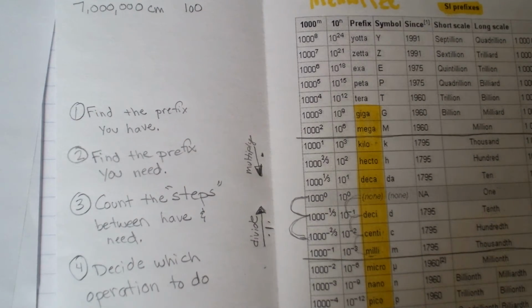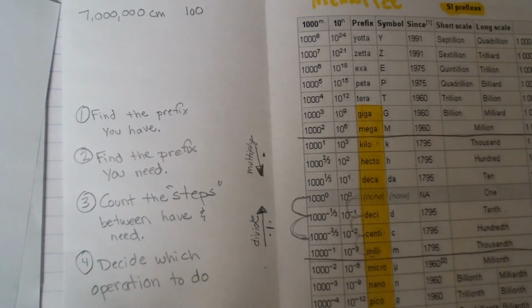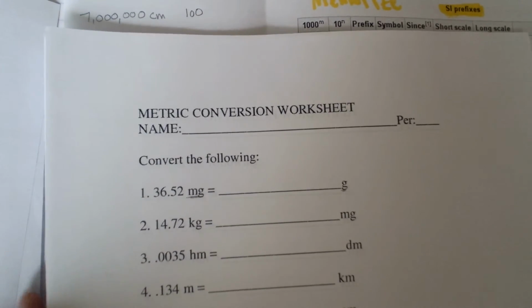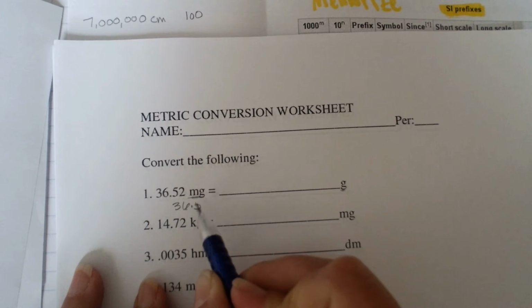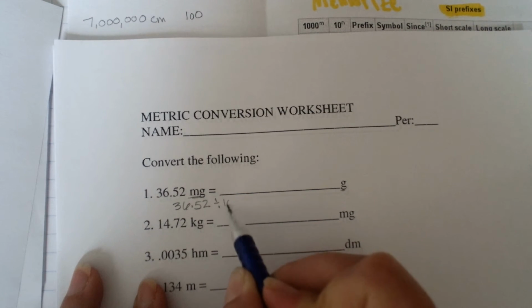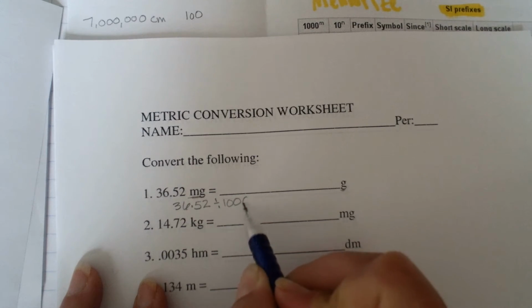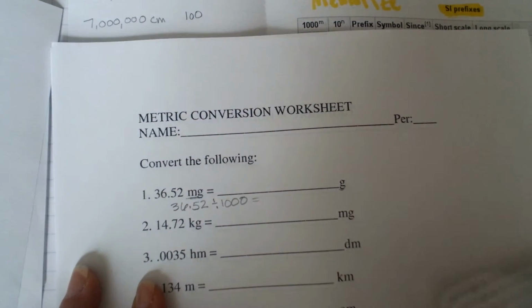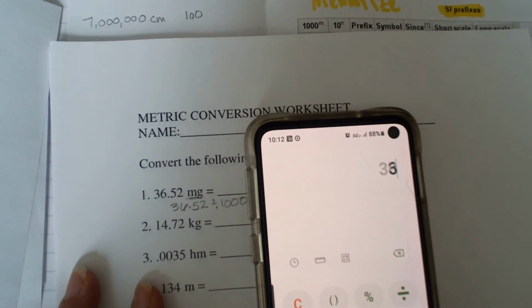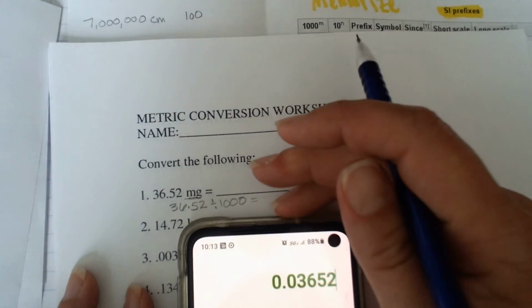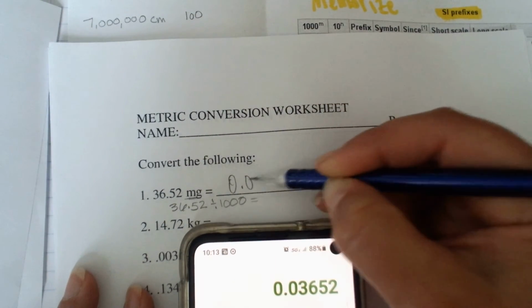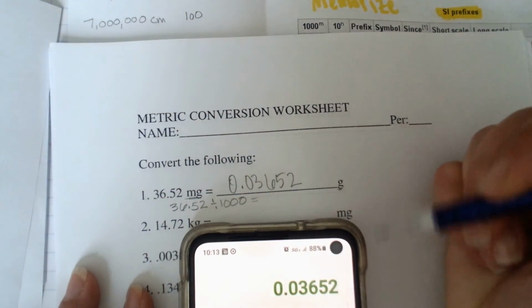All right, so let's look at our problem. We know that we're going to divide because we're going up. So in this problem, I have 36.52 divided by 1,000. If I put that in a calculator, I am going to get 0.03652.